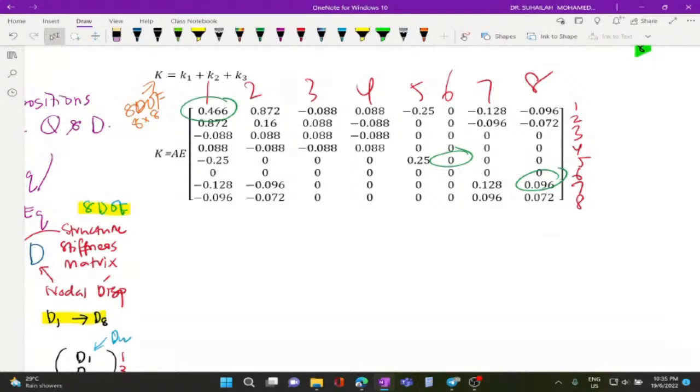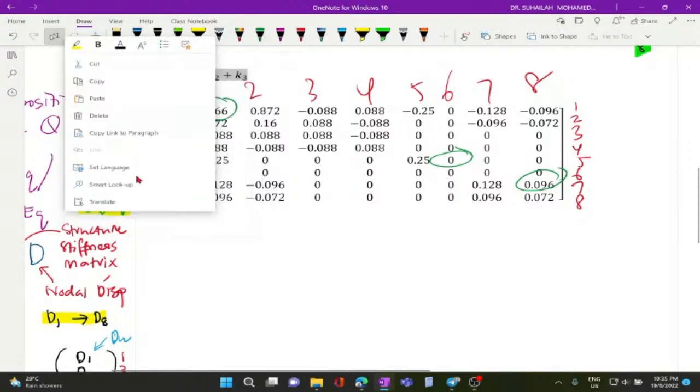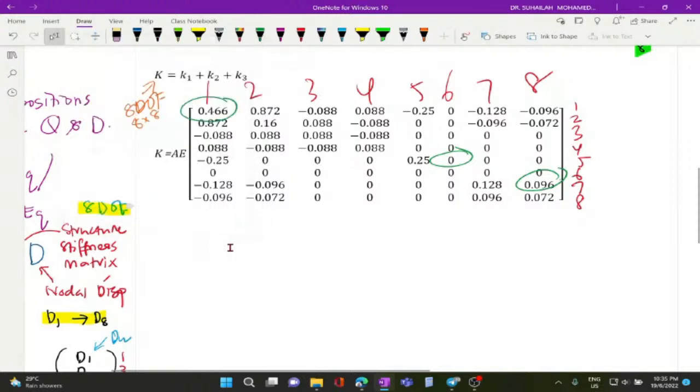Okay, now we want to continue to write the stiffness equation, or the force displacement equation.